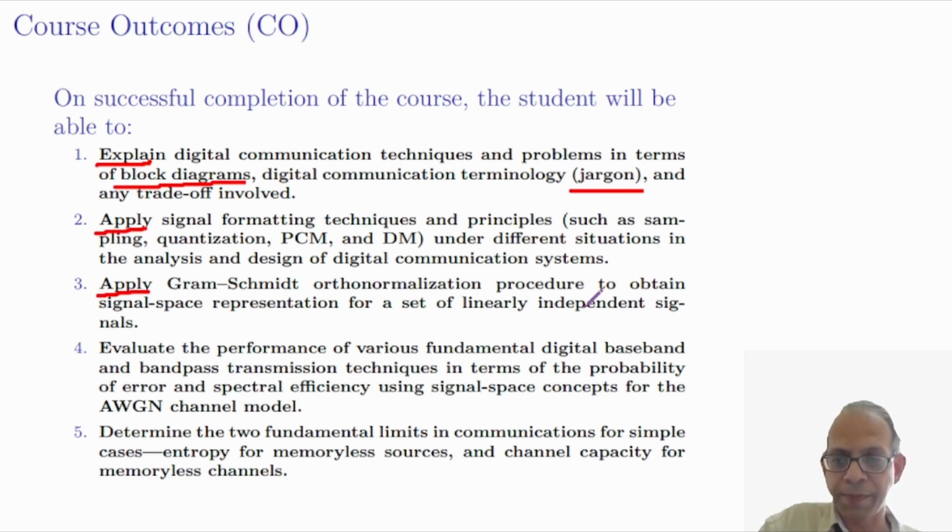Using them we can, as given in course outcome 4, evaluate the performance of various fundamental digital baseband and bandpass transmission techniques in terms of the probability of error and spectral efficiency for the AWGN channel model, where AWGN stands for additive white Gaussian noise.